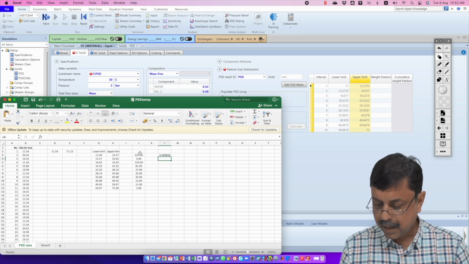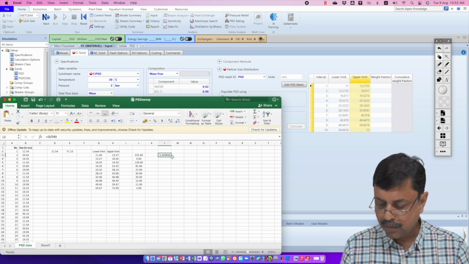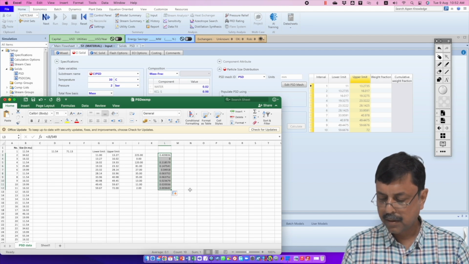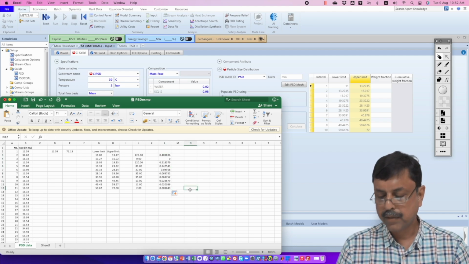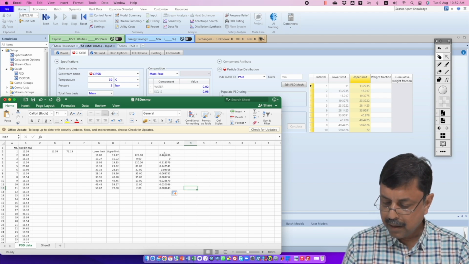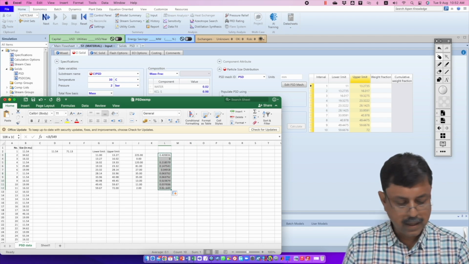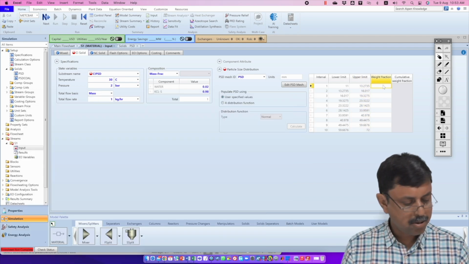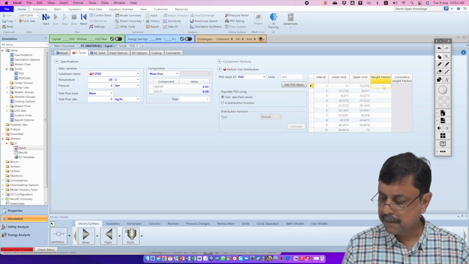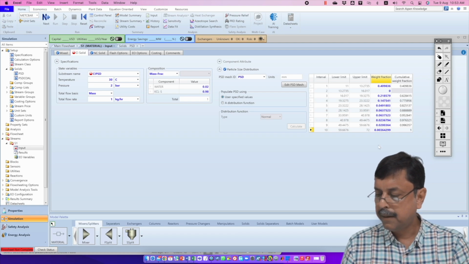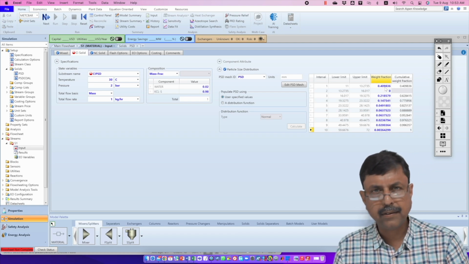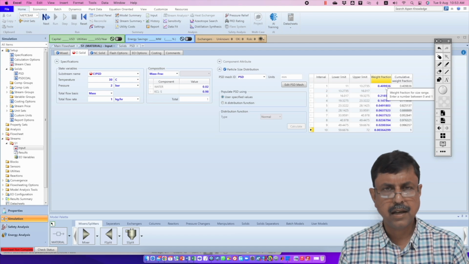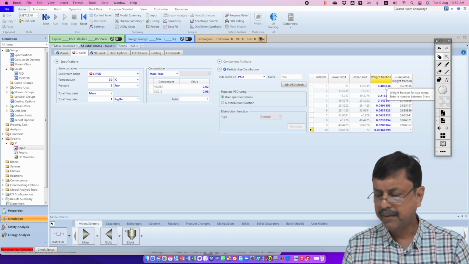Okay, and if you continue up to this, it is like this. Okay, and you copy, go here, paste, and you see the weight fraction. In this case, it is a number fraction, but the idea is the same.